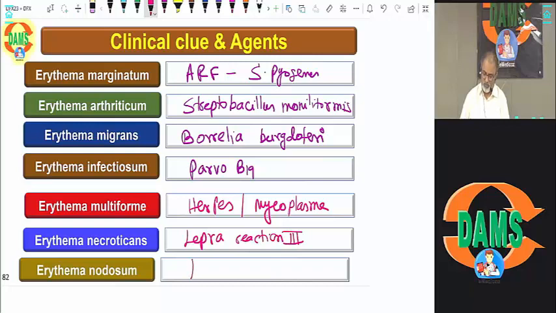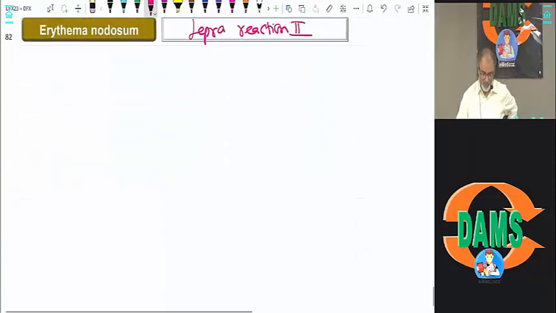Erythema nodosum leprosum, lepra reaction 2. You must know this. Got it? Clinical clues and agents. Be happy.